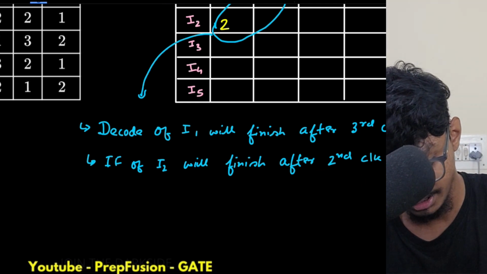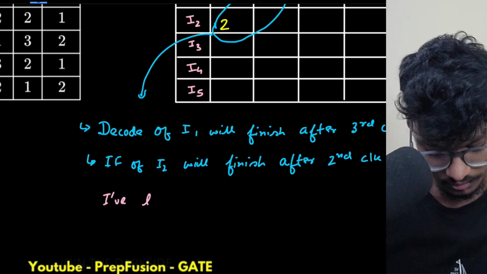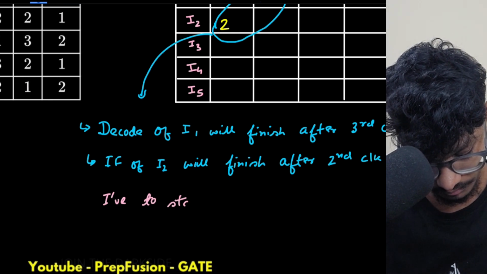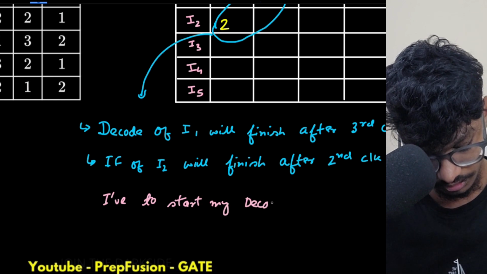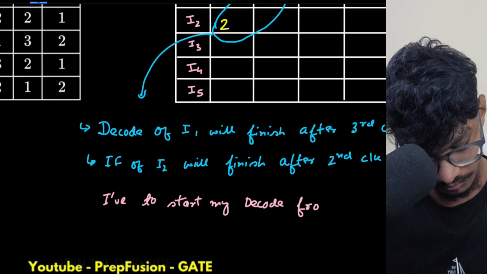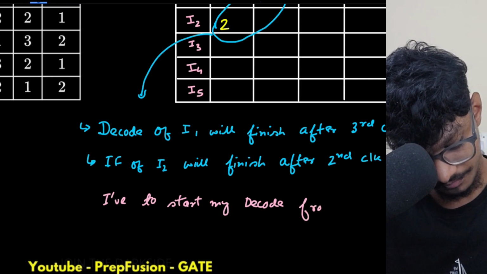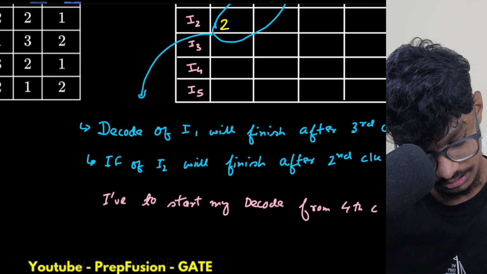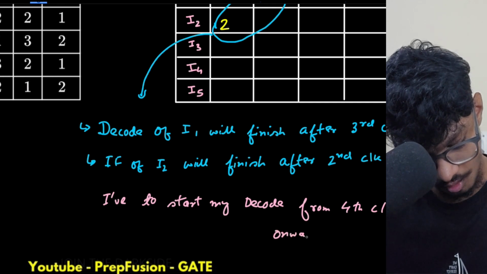So from this I can deduce I have to start my decode from the fourth clock cycle onwards.